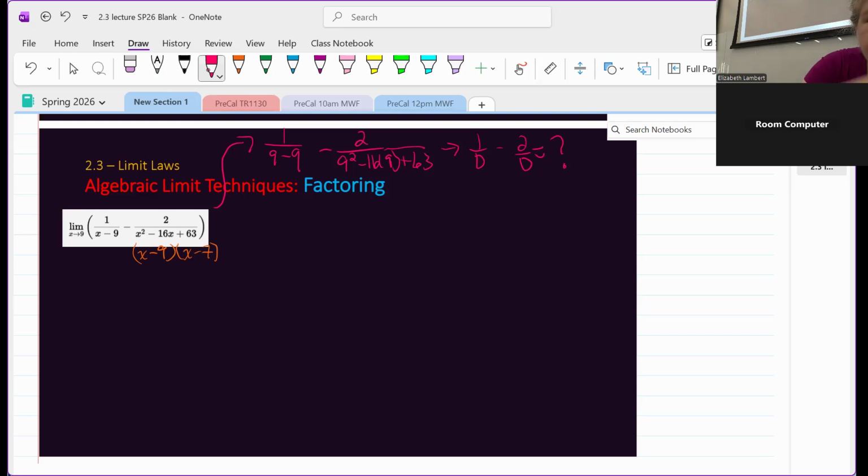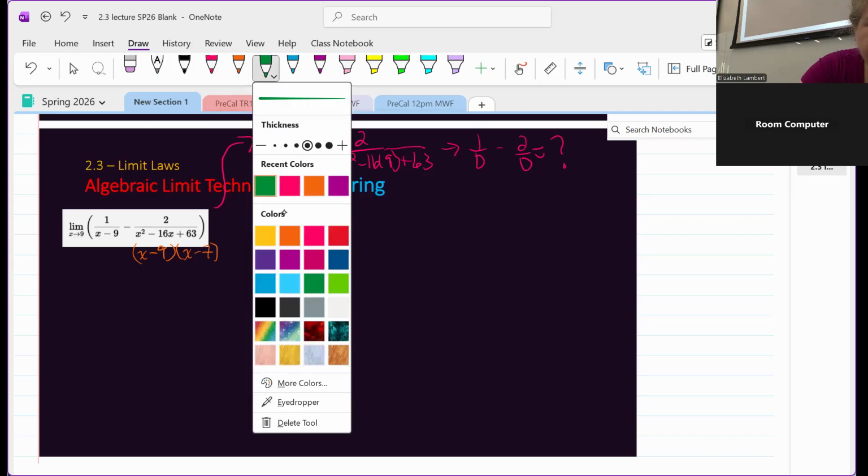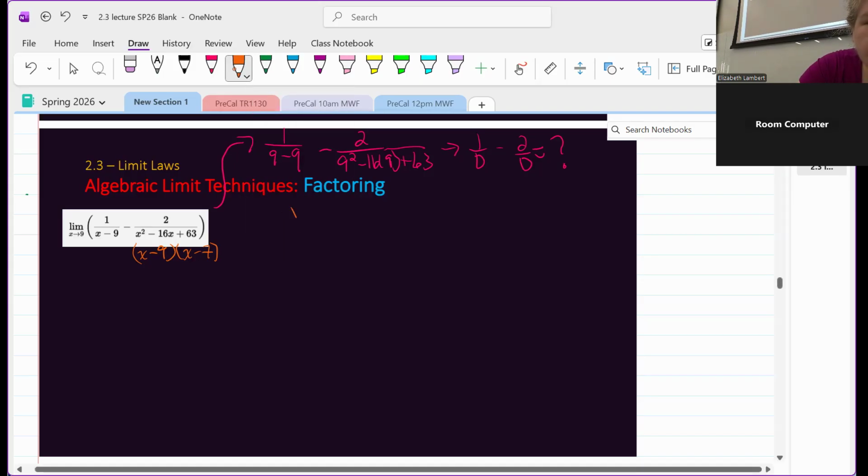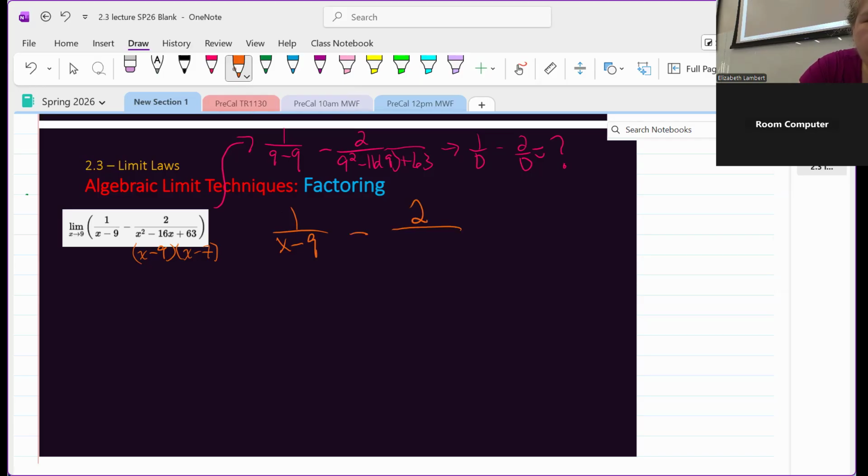So that means we're going to have to play around with the algebraic fractions here. So I have 1 over x minus 9 minus 2 over x minus 9 times x minus 7.